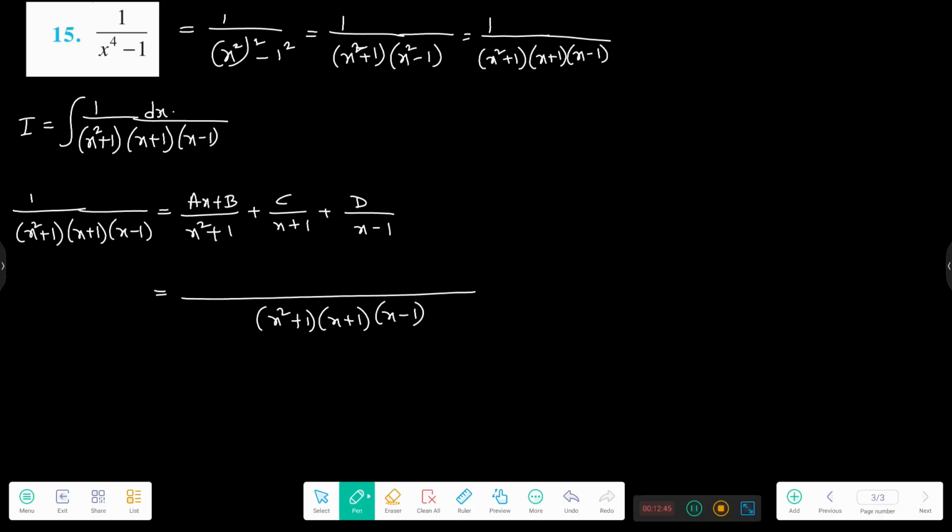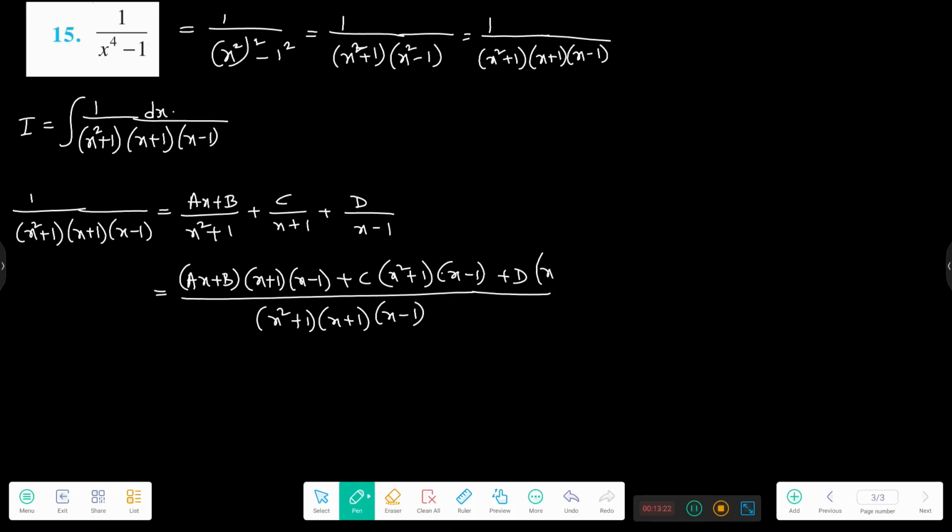So from the 3, what is missing in each numerator, you multiply. So (ax plus b) into, since x square plus 1 alone we have, the other 2 we can multiply with the first term. That means (x plus 1)(x minus 1) you have to multiply, plus c into (x plus 1) alone we have, so first term and last term you can multiply, which means (x square plus 1)(x minus 1), plus d into (x minus 1) we have, the other 2 terms we can multiply with the numerator.